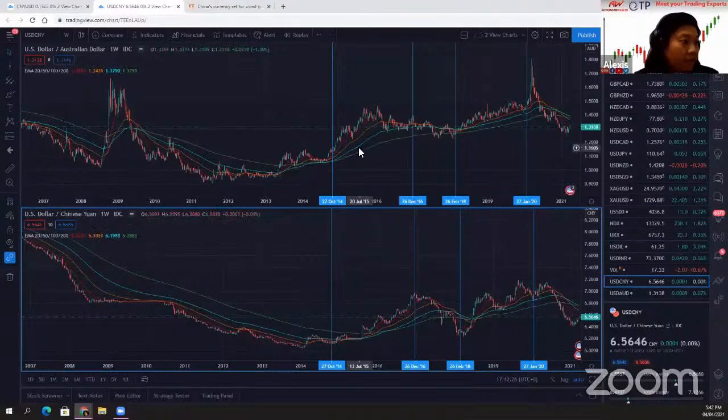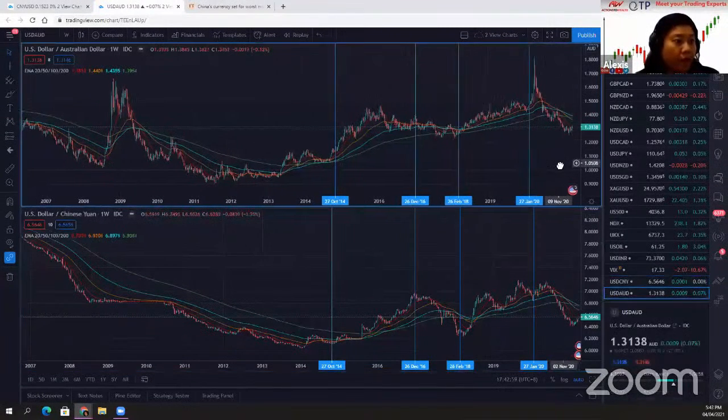Directionally, it's very similar for the dollar Aussie as well. And then when the renminbi got slightly stronger over here, the Aussie responded. And then again over here the renminbi weakened, and then over the last period the renminbi had actually strengthened quite a bit, and that also lent strength to the Aussie. So this was the post-COVID so-called recovery, where the Australian dollar rode on the recovery of the renminbi, right?